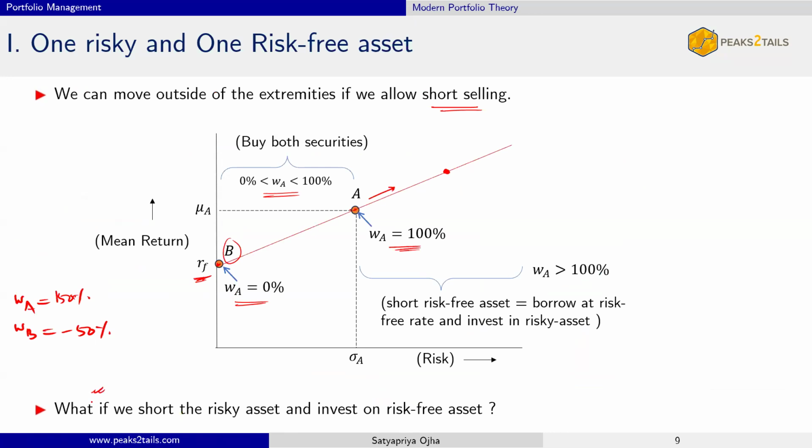Think through this and figure out: instead of shorting the risk-free asset, what if we short the risky asset and create a leveraged position in the risk-free asset, right? That's the question. So try to figure out how this would work. That's the homework.